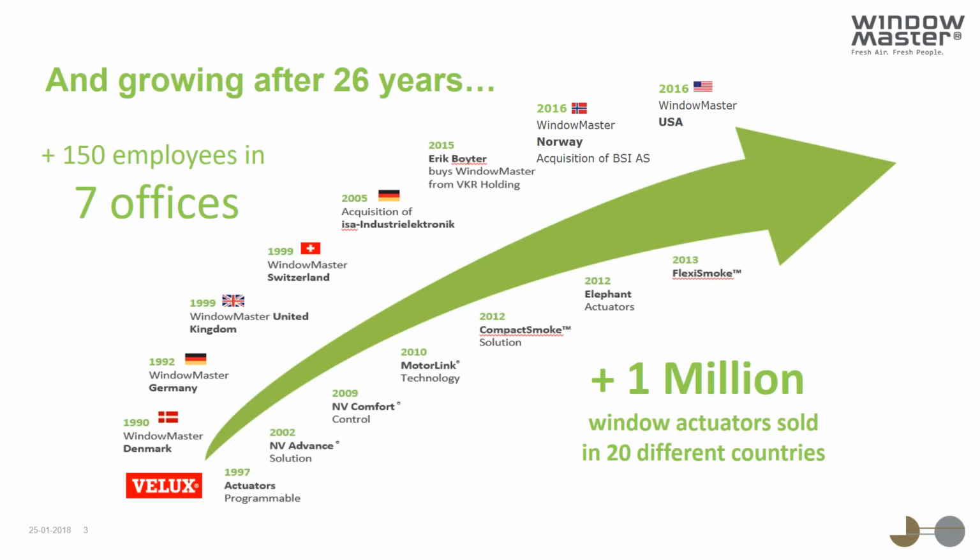This led us to developing our own BMS system, which is specifically tailored around natural ventilation systems. We are in many different countries, and in 2015 we were bought by Rockwool, so now we are an independent company.